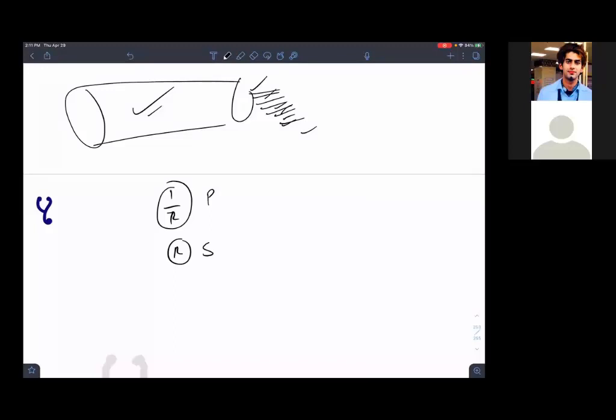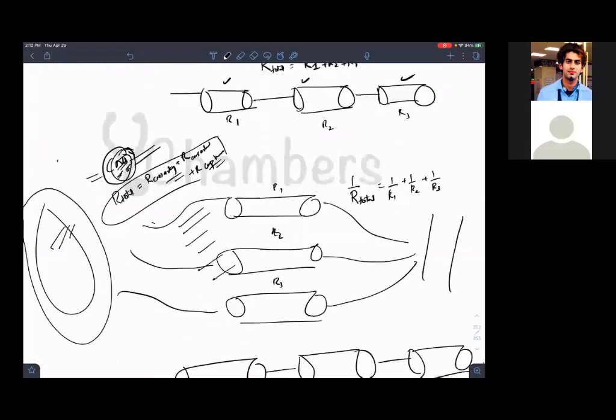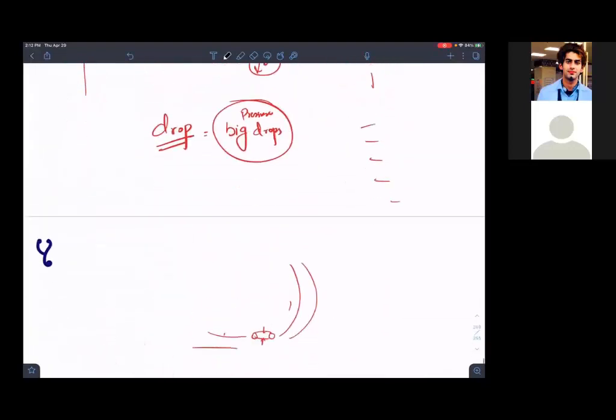Now, moving to the concept of types of blood flow. Guys, by the way, who will be increasing the viscosity? Excuse me.